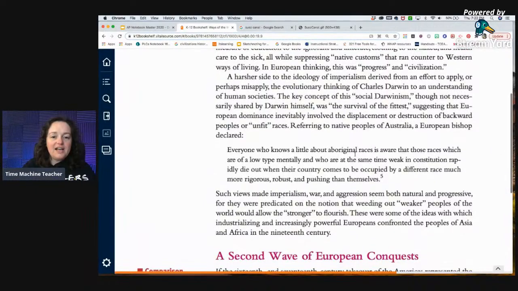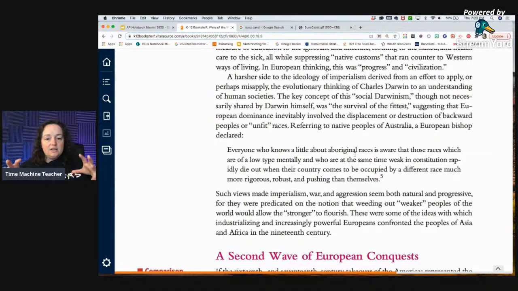A harsher side to the ideology of imperialism derived from an effort to apply, or perhaps misapply, the evolutionary thinking of Charles Darwinism to an understanding of human societies. The key concept of this, social Darwinism, though not necessarily shared by Darwin himself, was the survival of the fittest, suggesting that European dominance inevitably involved the displacement or destruction of backward people or unfit races.